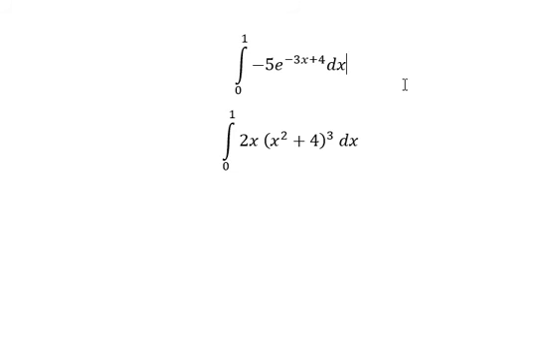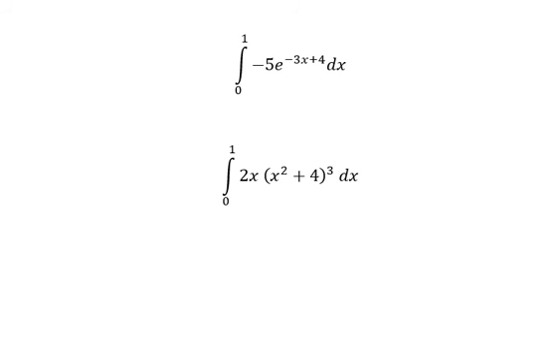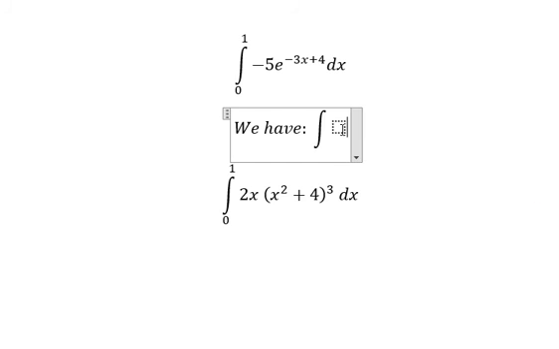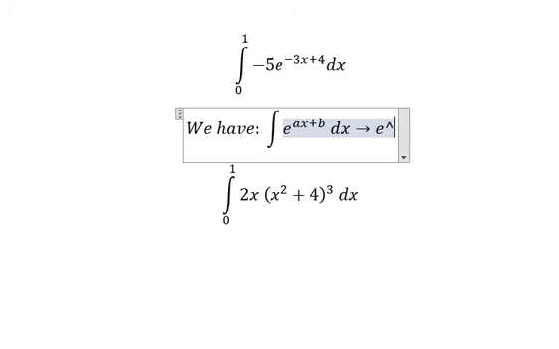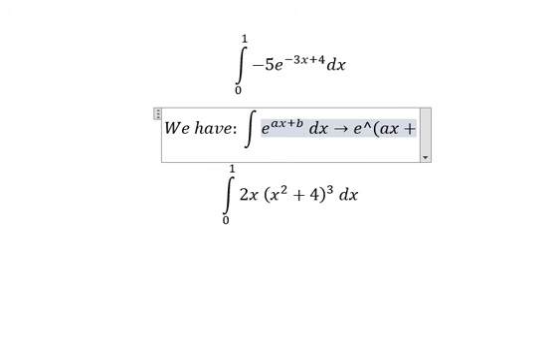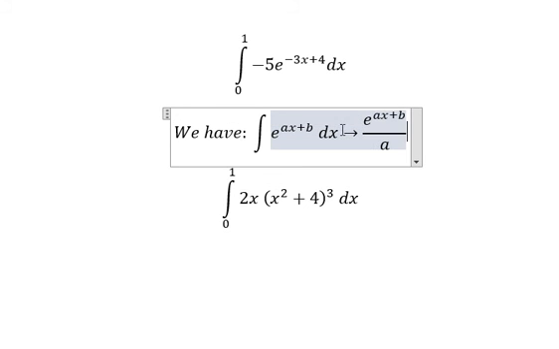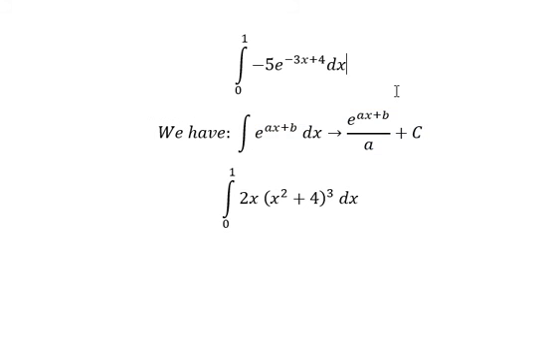Question number 3, we have the formula in here. The integral of e to the power of ax plus b dx. We have e to the power of ax plus b over a, and we have c.